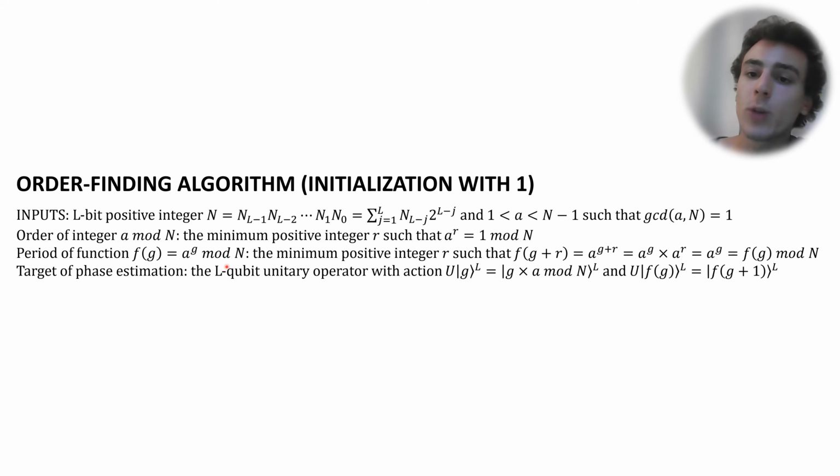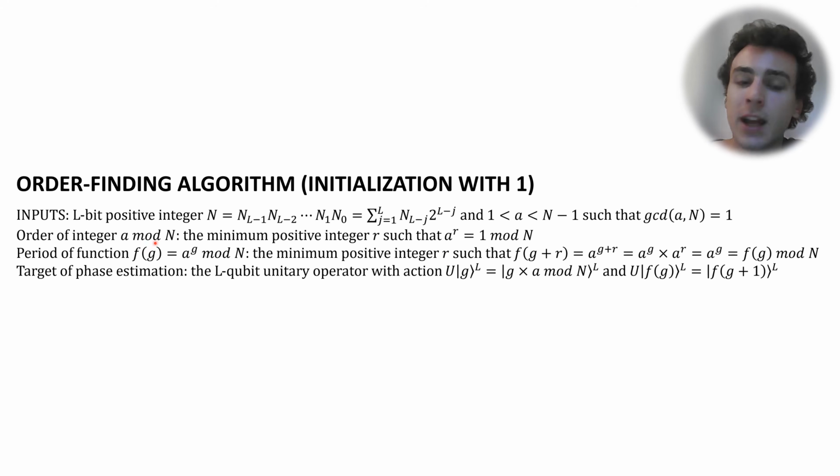And what we want to do is define the period of this function. So the period of this function is the minimum positive integer r, such that if we evaluate this function at g plus r, we're going to get the same value as if we evaluate this function at g. And again, we're working mod n.